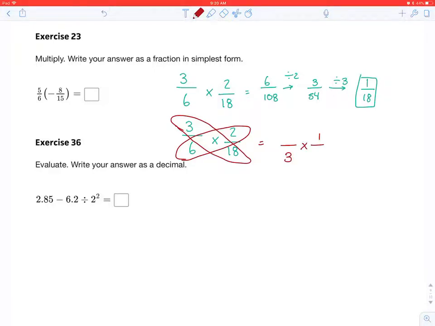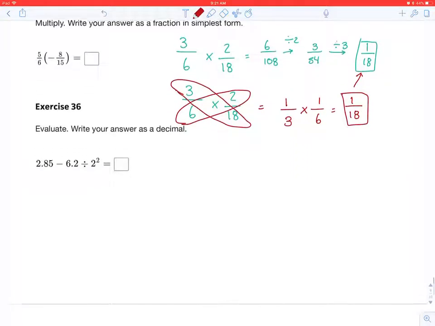And then the 3 and the 18, both of those have a factor of 3, so 3 divided by 3 is 1, and then 18 divided by 3 is 6, and then 1 times 1 is 1, and 6 times 3 is 18, and so I get the same fraction as I did when I actually multiplied it all the way out, but I made this process way shorter, way smoother, didn't have to work with 108 and 54, which are some big numbers, and so it just makes it a lot simpler. So hopefully that helps you out a little bit.